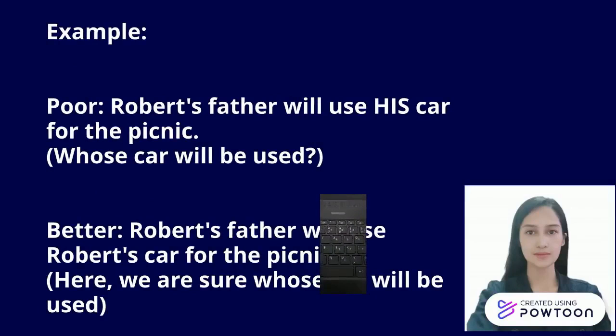Example, Robert's father will use his car for the picnic. The question will be, whose car will be used? The better sentence will be, Robert's father will use Robert's car for the picnic. Here, we are sure whose car will be used.